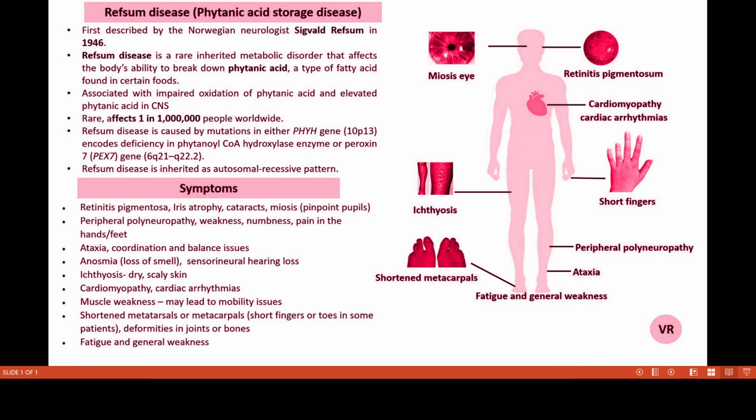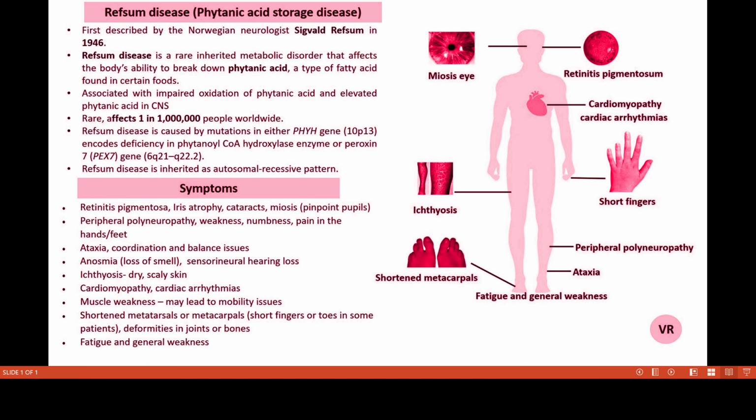The PTS2 receptor recognizes the PTS2 protein which is required for their import into the peroxisome. The PEX7 transcript is alternatively spliced in several tissues. Absence of PTS2 disrupts Phytanoyl-CoA hydroxylase import and prevents the metabolism of phytanic acid and leads to systemic buildup. Refsum disease is an autosomal recessive disorder.